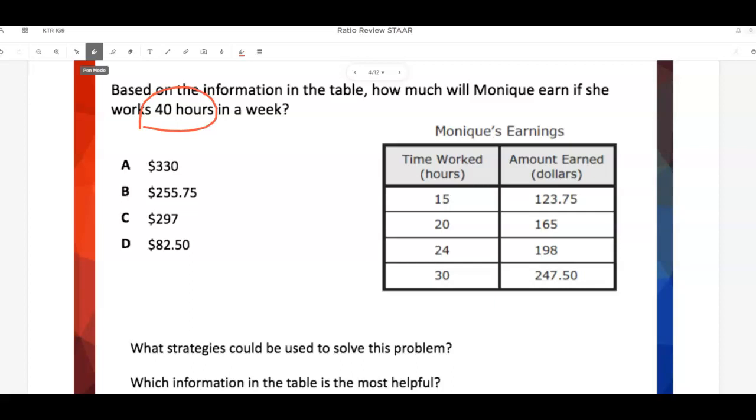If I want to find out how much she gets per hour, you share the water. I'll go first.